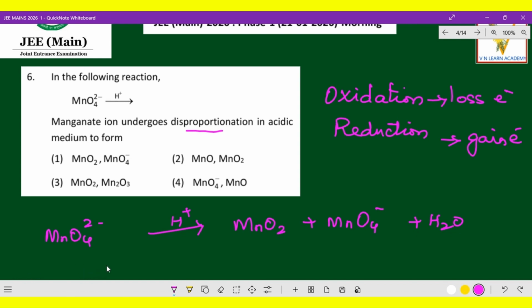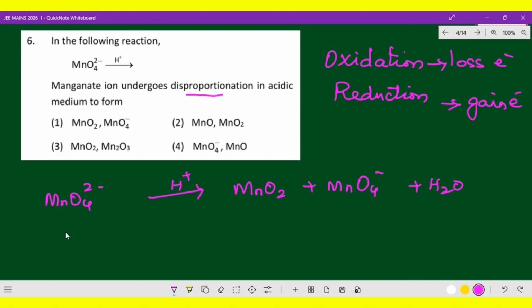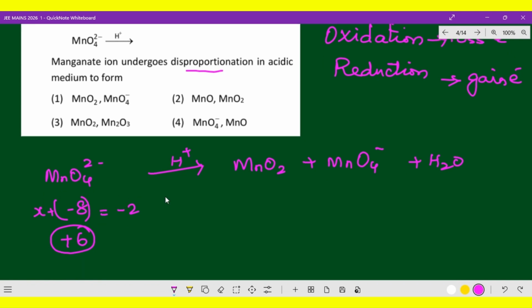Simultaneously loss of electron, gain of electron. So how do we identify? Oxidation number: this is X and this is O4, so already it is minus 8. X plus minus 8 equals minus 2, so this is plus 6 oxidation number. So the first reactant is plus 6 oxidation, whereas here plus 2 oxidation.